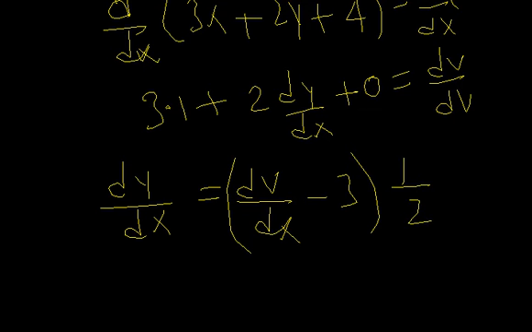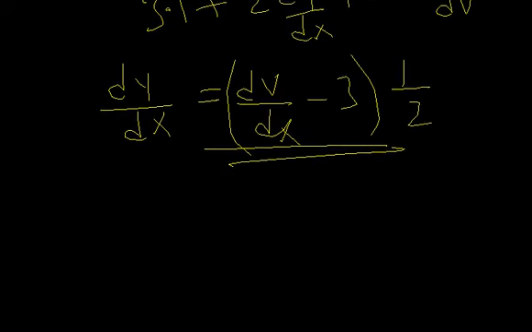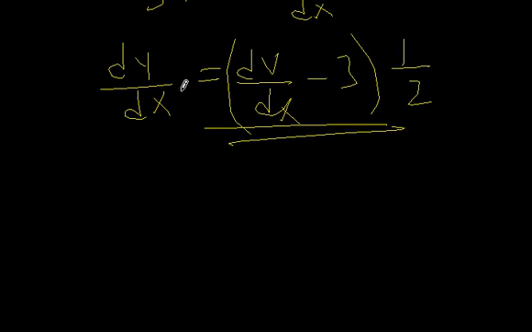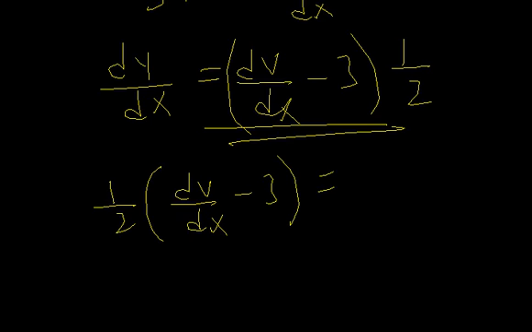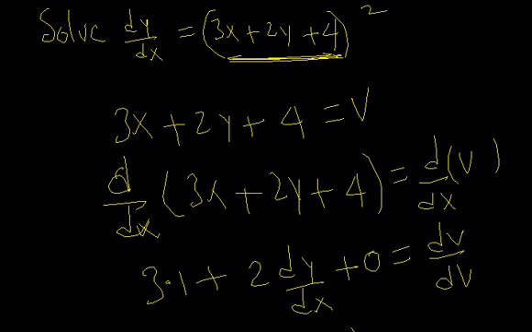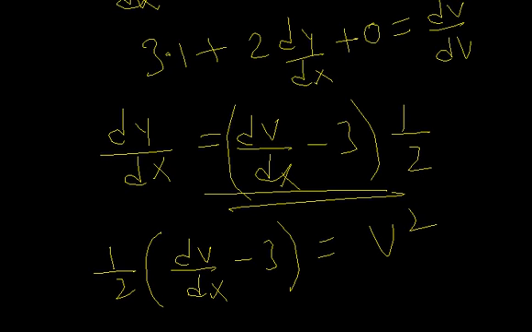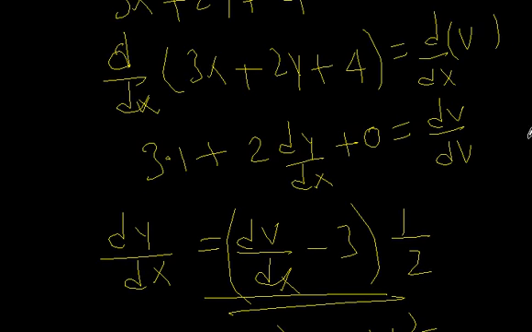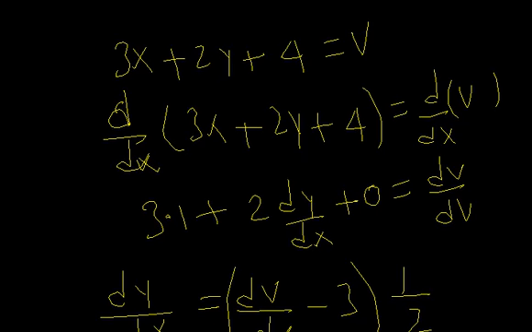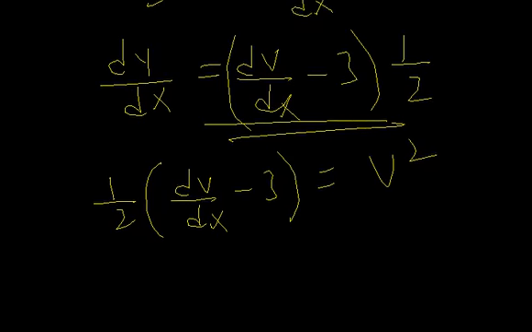Now in the place of dy over dx, we have to write this term. So in the place of dy over dx, I am writing half times dv over dx minus 3, which is equal to v square. This is an important step. See here, in the place of 3x plus 2y plus 4, I am writing v.